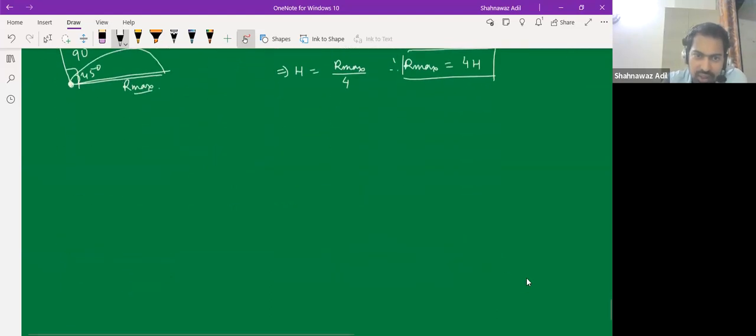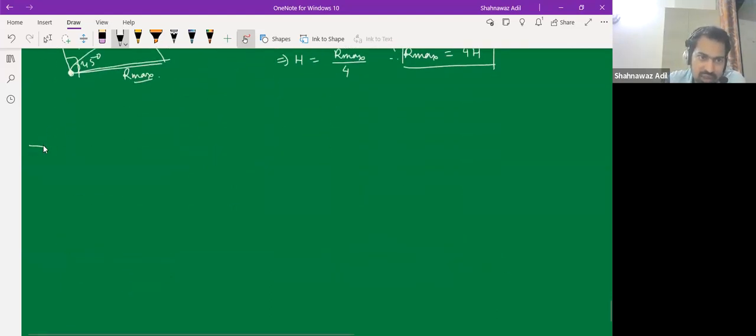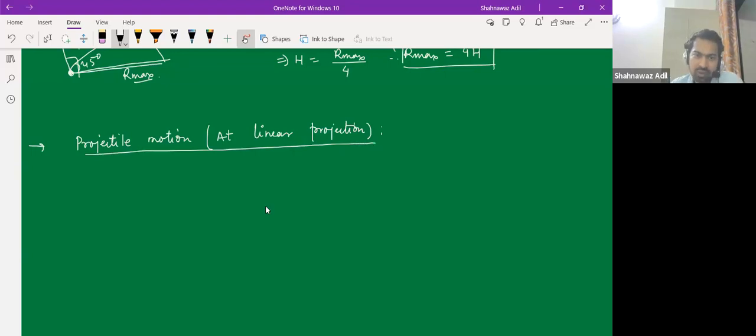Okay, so now let us talk about the next topic, which is linear projection. Projectile motion at a linear projection. So what do I mean by linear projection? Let's say that I have this wall, and then I throw the object from here horizontally.